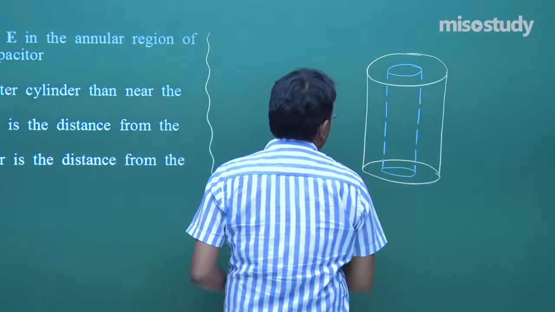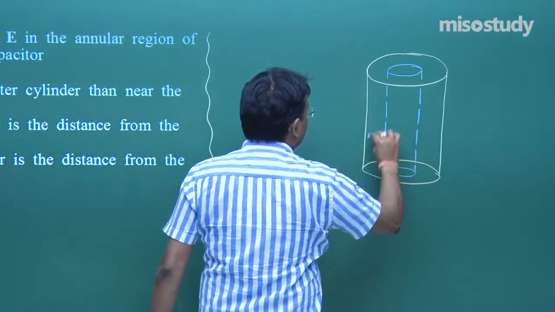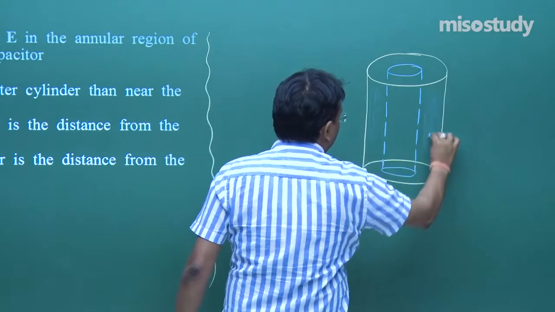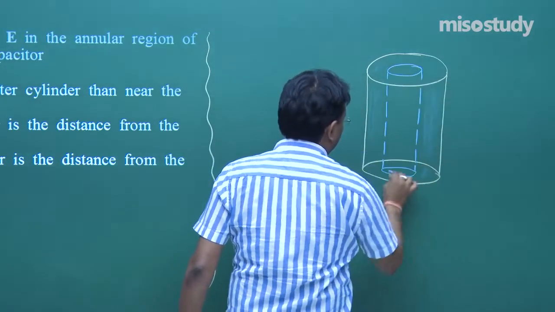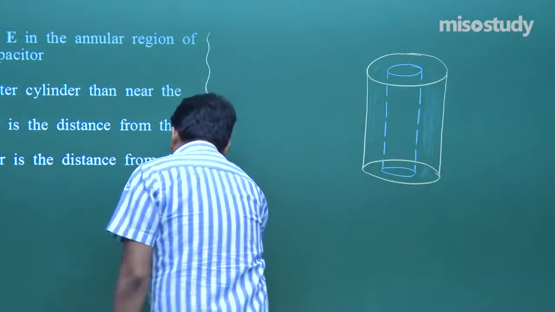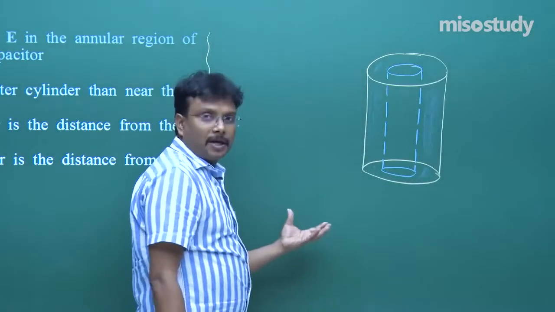Okay. So annular region means this entire region. I will not make this explanation very difficult.